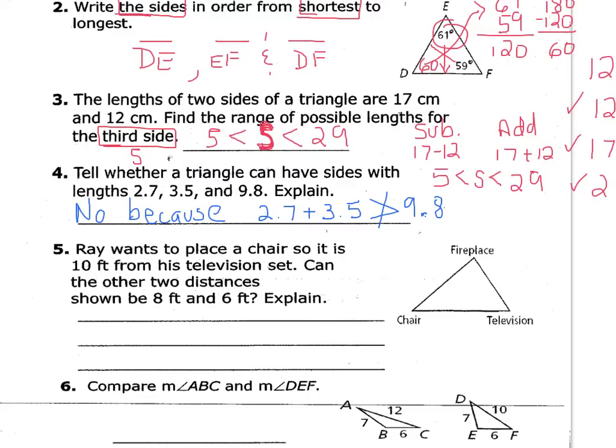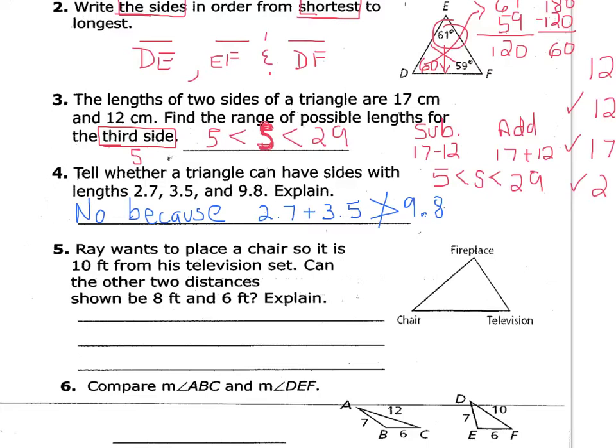Now, problem number 5. What if it was equal to? My mistake, I'm thinking about the inequality theorem. If it's equal, it cannot be possible, because you have one side, another side, and the third side is equal, so it's not going to form.